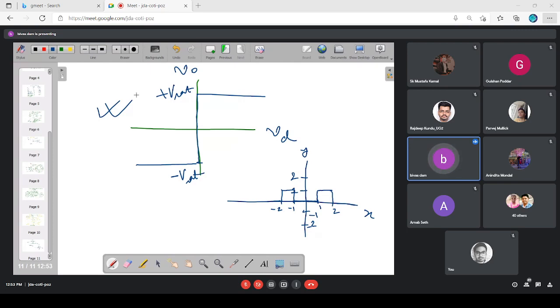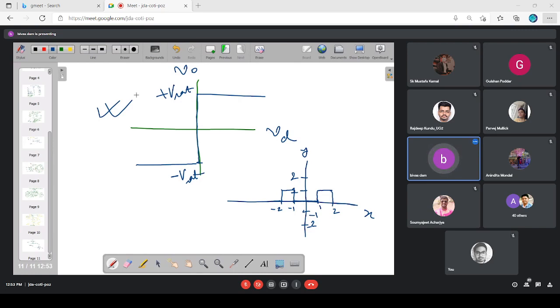Now, what do you mean by the input difference voltage? What is the input difference voltage? V2 minus V1, the difference between the two input terminal potentials: non-inverting minus inverting.